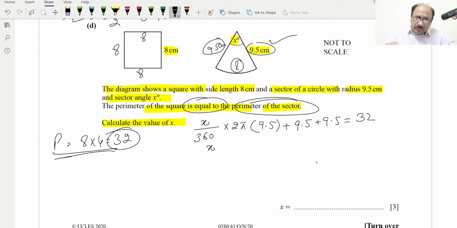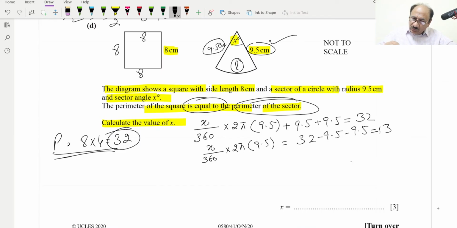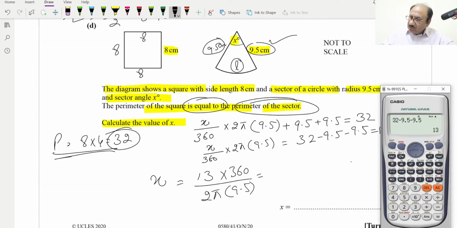So x over 360 into 2 pi into 9.8 stays as it is, and on the other side, 32 minus 9.8 minus 9.8, which is equal to 12.4. Now 360 will go to the numerator, multiplied by 360, and 2 pi and 9.8 will go as the denominator.